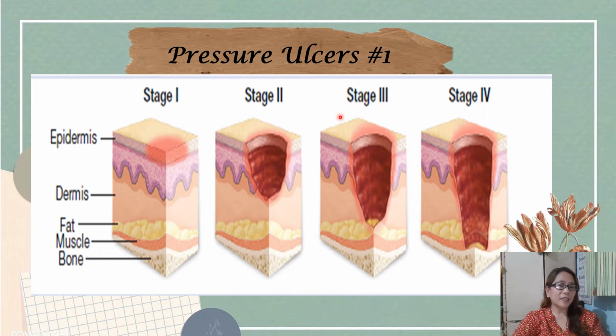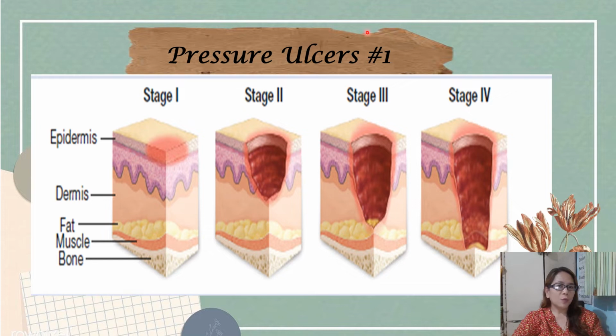In stage 2, there is a partial thickness skin loss or ulceration that involves the epidermis and the dermis, or both. Then the third stage is the full thickness skin loss. Meron nang full thickness skin loss that involves the epidermis, the dermis, and the adipose tissue.